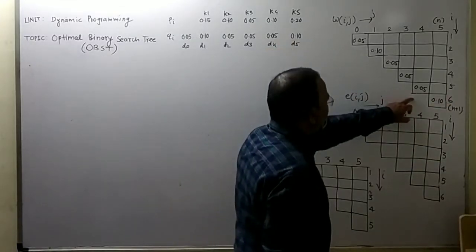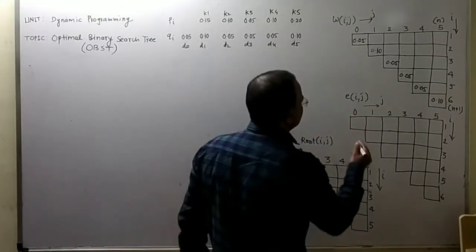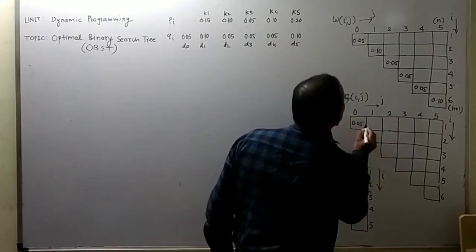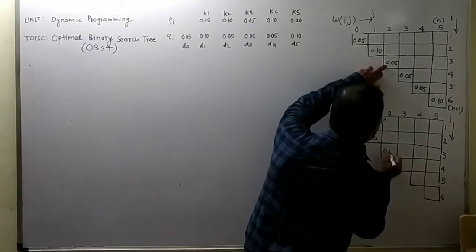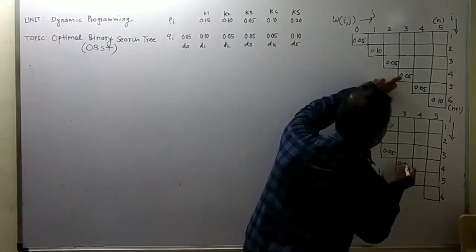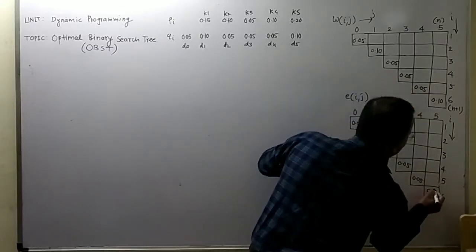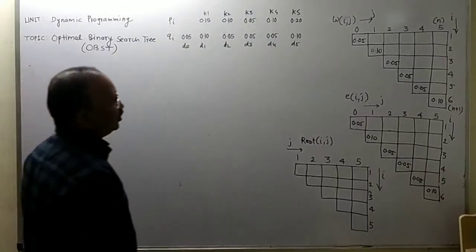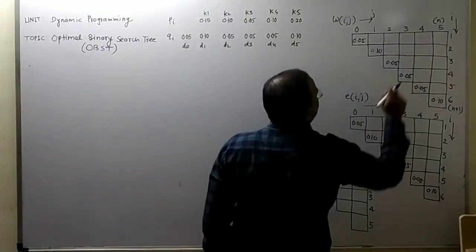Same values have to be inserted in bigger diagonal of E table. Then, first fill up W table row wise.